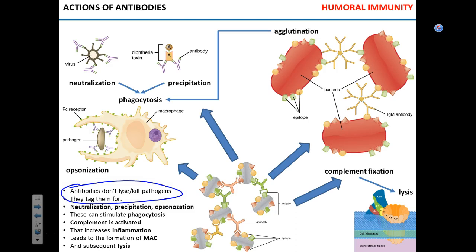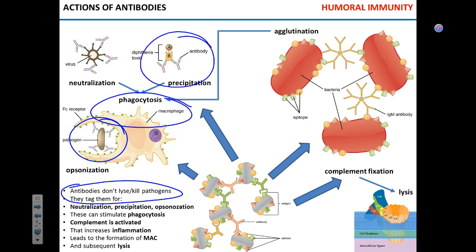It turns out that antibodies, just like complement proteins, can opsonize a pathogen, making it more attractive for phagocytes, therefore increasing phagocytosis. Is that good? Okay. What else? They can precipitate. Here you can see antibodies that bind diphtheria toxin.